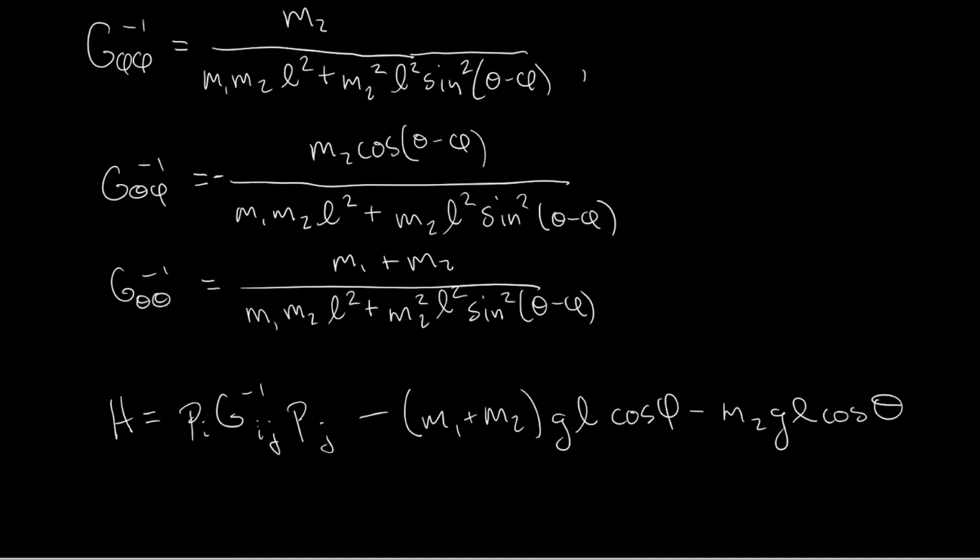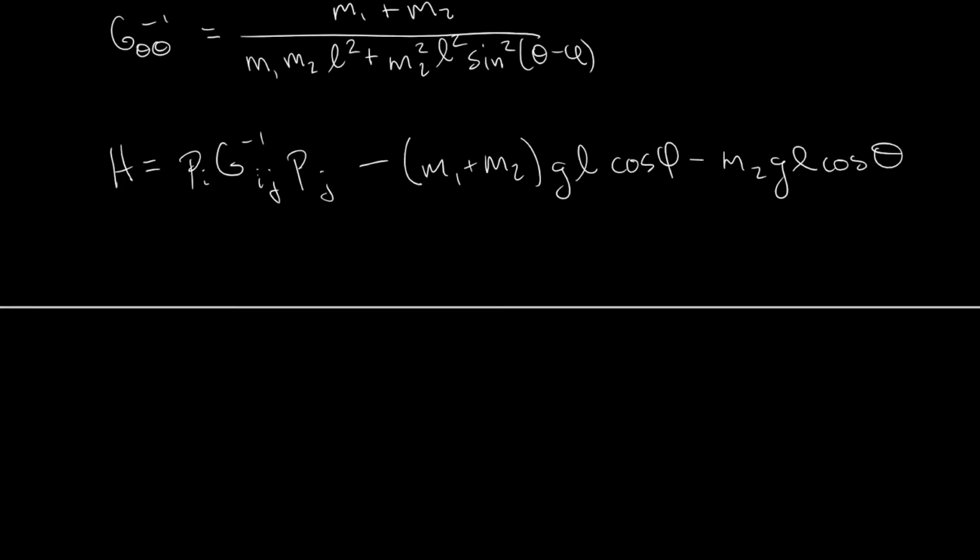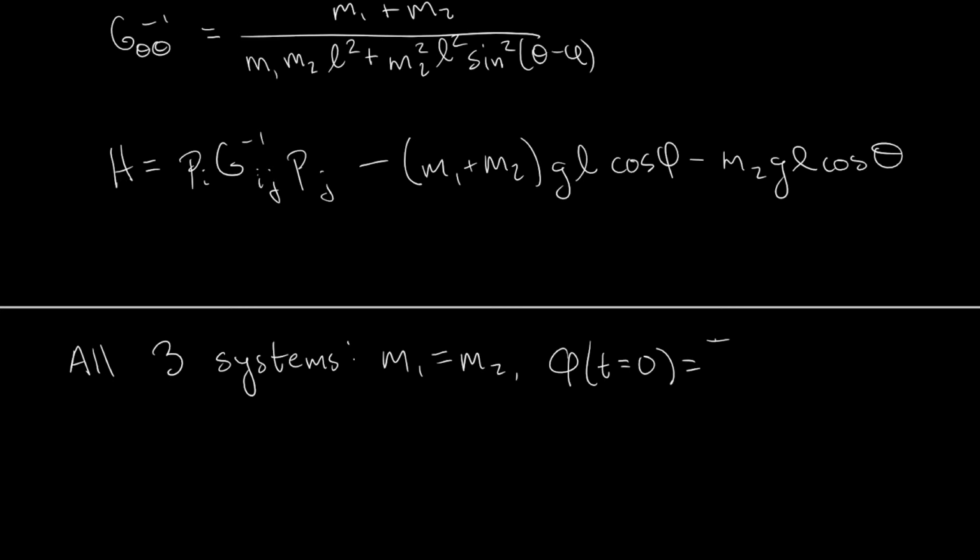So kind of the plan of action is we're going to first solve numerically, of course, Hamilton's equations of motion. And we're going to look at 3 different systems. For all three systems, m1 equals m2. This is all just for numerical convenience, essentially. Phi at t equals 0 is pi over 2.